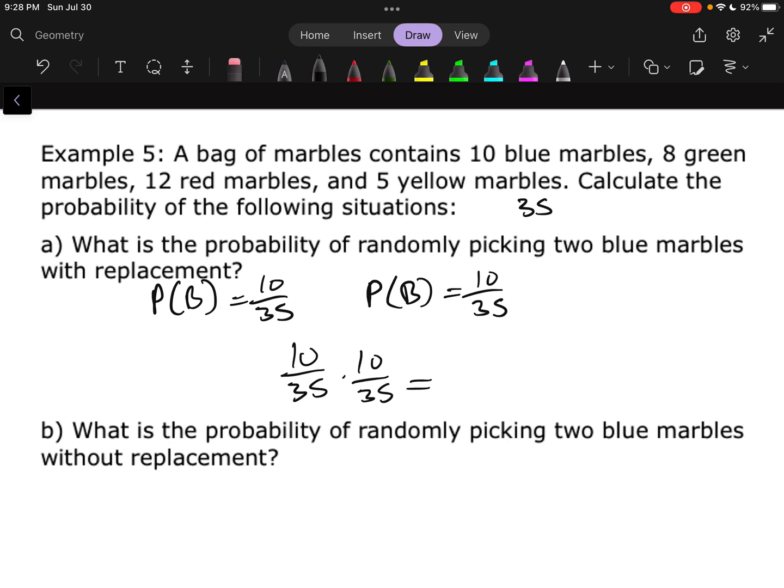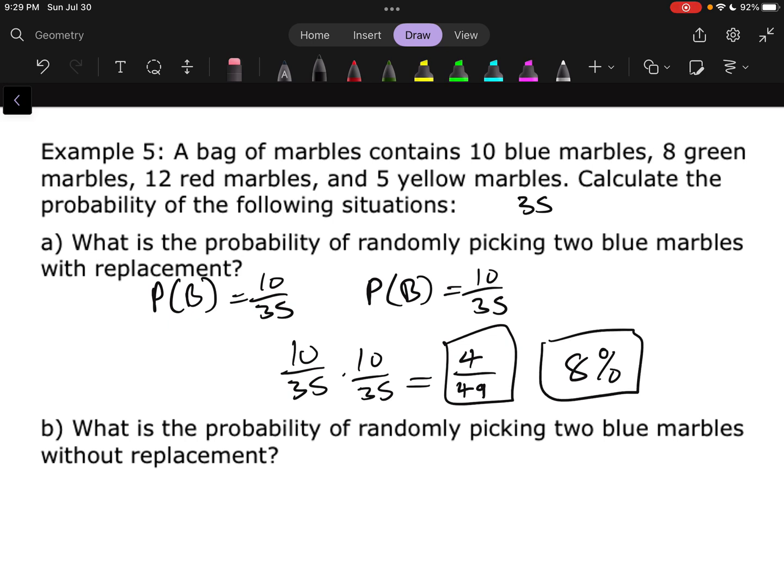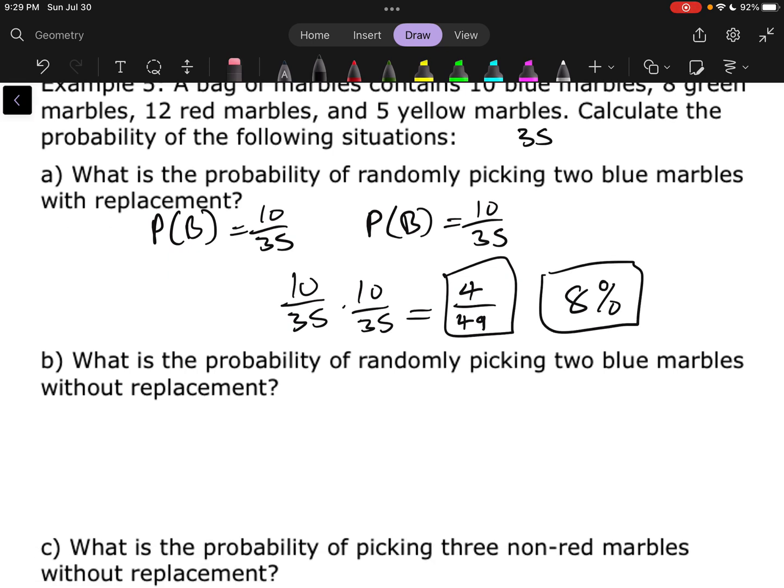I am getting 4 over 49, which would be about 8%. What's the probability of randomly picking 2 blue marbles without replacement?